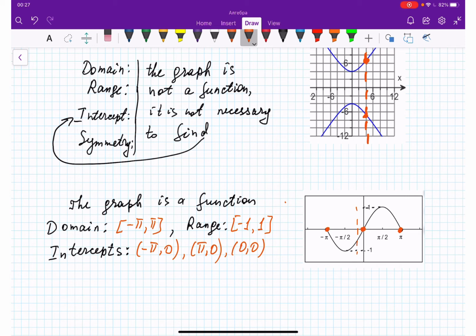This is one part, right? And this is the other one. And it's symmetric to the origin.